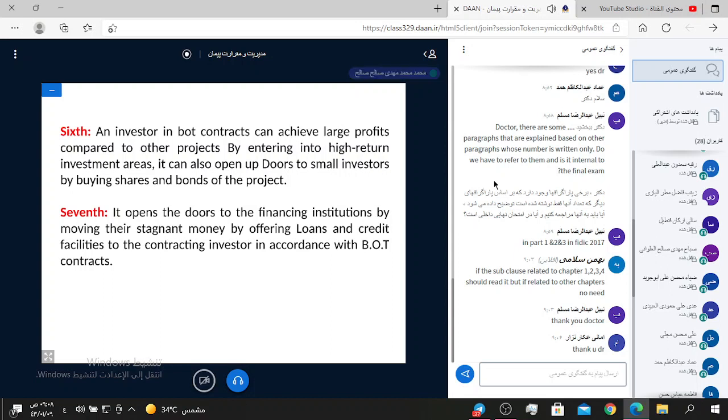Seven. It opens the doors to funding institutions by moving their capital by offering loans and credit facilities to the contracting investor in accordance with BOT contracts.